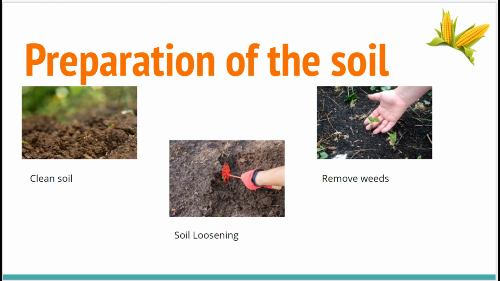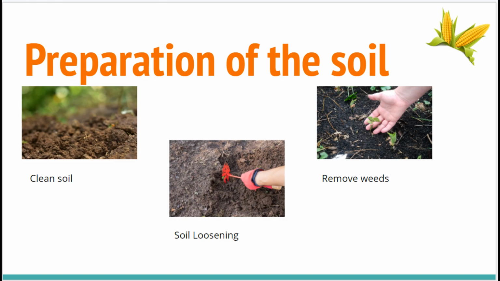If the soil is loosened, the growth of the plant takes place very nicely because of the roots growing in the soil properly. The loosened soil is also very good for the growth and development of useful microorganisms and for the earthworms. So for these few purposes, the soil is first of all loosened.